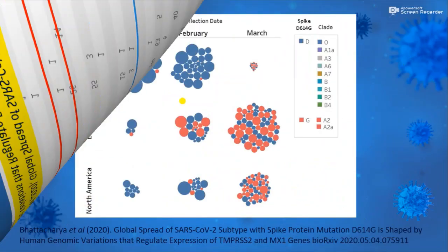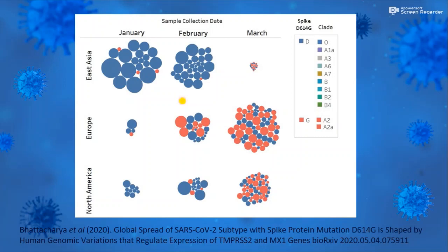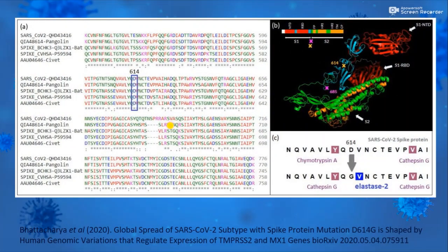Then they went on analyzing how these clades actually moved and changed. In East Asia, it was shown that initially... before analyzing this black, red and blue, I'll just show you what they found: in the spike protein at the 614 position of the amino acid, the alanine is changed into glycine.